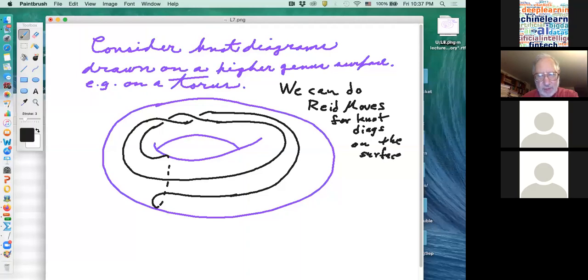So you see, if I choose a surface and draw knot diagrams on it, it has its own knot theory, a different kind of knot theory from the knot theory of drawing on a two-dimensional sphere, which is where we were drawing before, or on a plane.